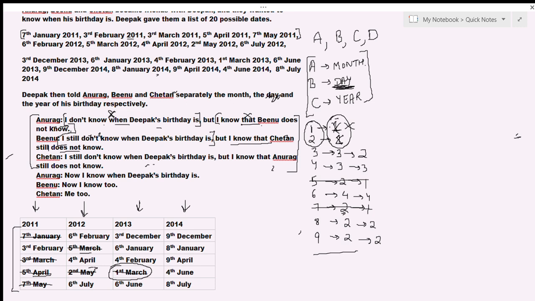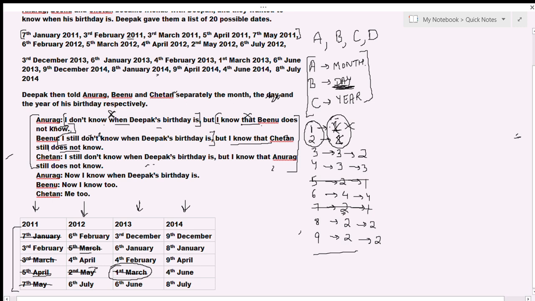If we look at the table, there's only one date remaining in 2011, which is 3rd Feb. So if Chetan knows that the year is 2011, the obvious answer would be 3rd Feb 2011. But Binu says that Chetan doesn't know, which means he is sure that Chetan is not getting the year 2011.